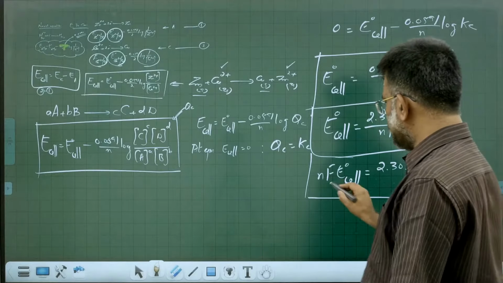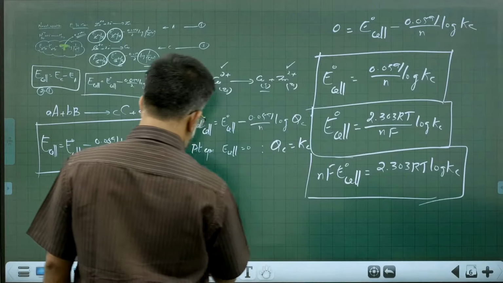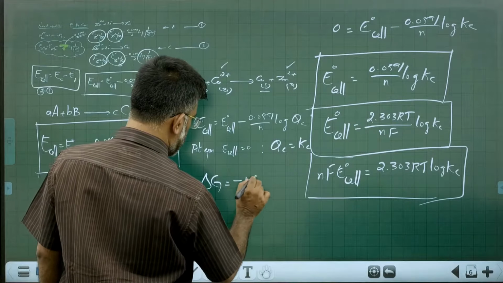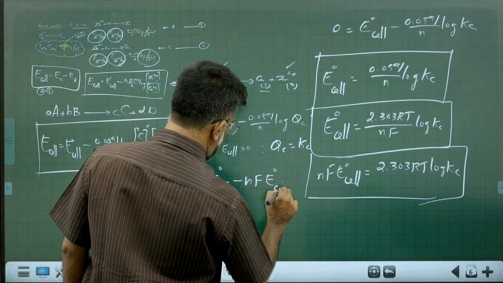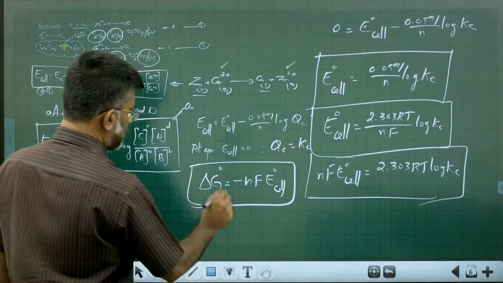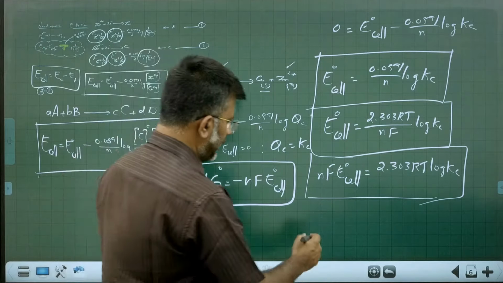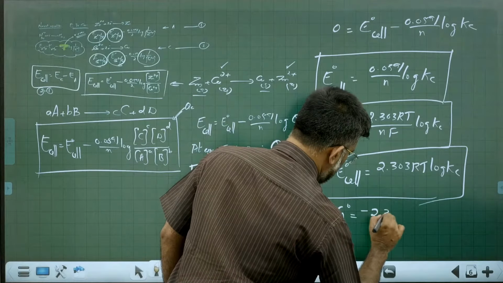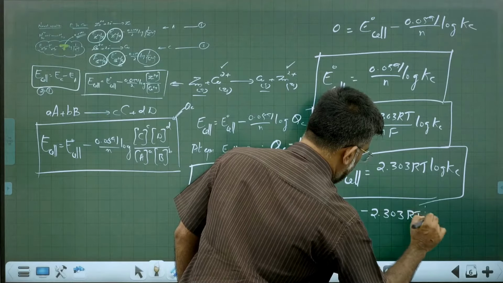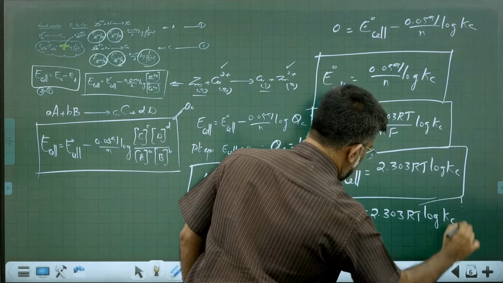Now you know how this is related to delta G. Delta G naught is equal to minus nF E naught cell. So this you can correlate there. How do you get delta G naught is equal to minus 2.303 RT log Kc?